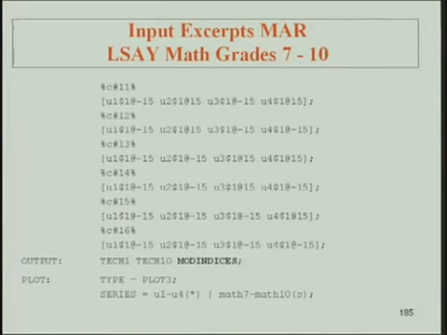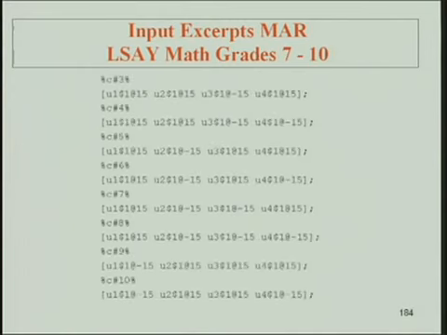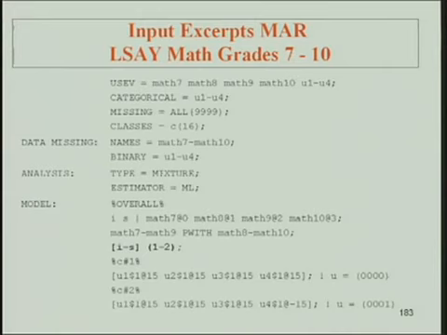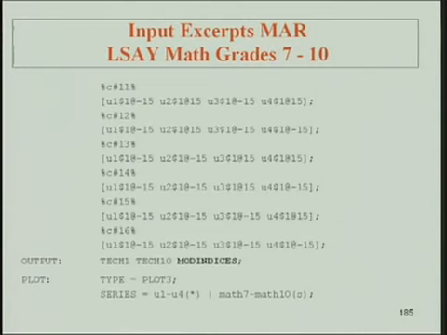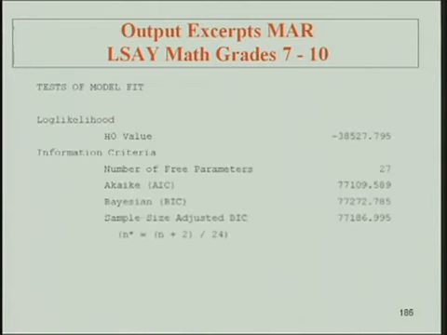In the pattern mixture analysis, we allow the growth factor means to be different across all the missing data patterns, but maybe only some of them really need to be different. Modification indices in the MAR run, where you have the equality of growth factor means, can tell you for which missing data patterns that equality doesn't hold. So modification indices are very helpful in the MAR.